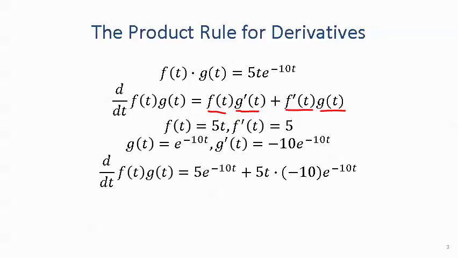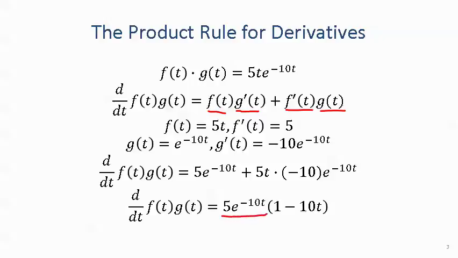So our derivative of f of t times g of t is 5e to the minus 10t plus 5t times minus 10e to the minus 10t. Let's put that together, collect terms, and we can isolate out a 5e to the minus 10t, at which point we have the quantity 1 minus 10t.